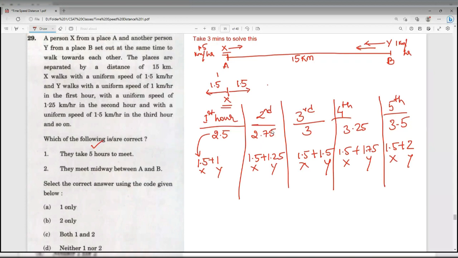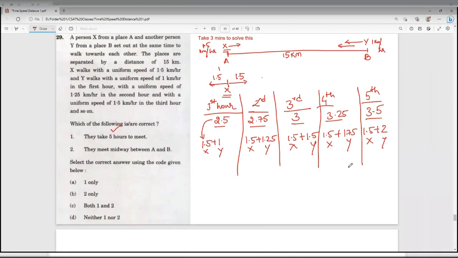So the first hour they are covering 2.5 kilometers, second is 2.75, third is 3, fourth is 3.25, and fifth is 3.5. So we have to add these kilometers, the distance that is traveled in each hour.